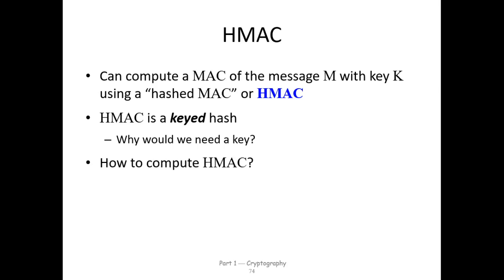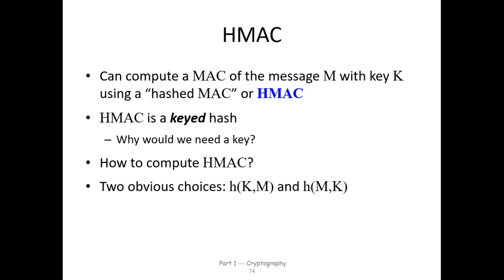How to compute HMAC? For computing HMAC, we need to consider two obvious choices. One is H of K comma M, where M is the message and K is the key. We can also calculate HMAC the other way, H of M comma K, that is vice versa.